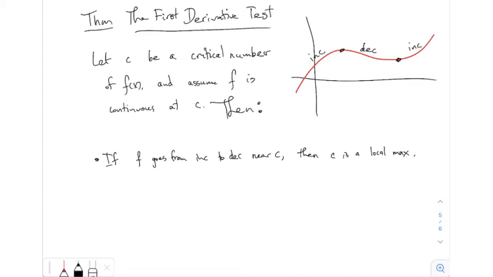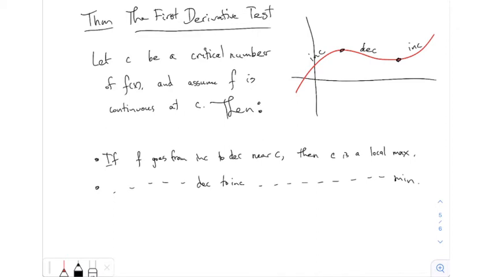Why this is good is you can tell this just by looking at the chart, where those pluses and minuses go. If it goes from a plus to a minus, it means that point is a maximum. And other way around, if f goes from decreasing to increasing near C, then C is a local minimum, right?